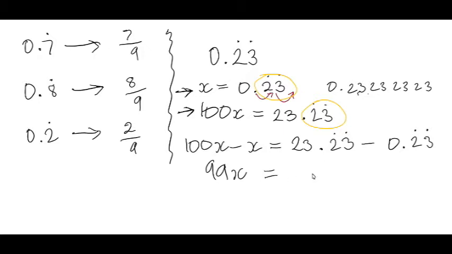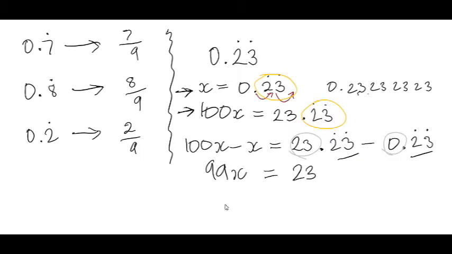Now remember what happened. The bit after the decimal point, in each case, they cancel each other out. One is subtracted from the other, leaving 0. So we end up with just our 23 minus 0, which of course is just 23.